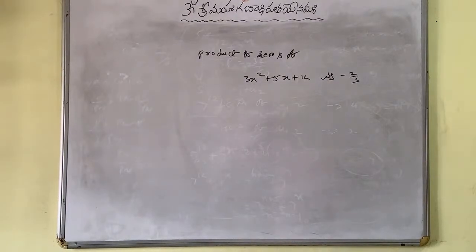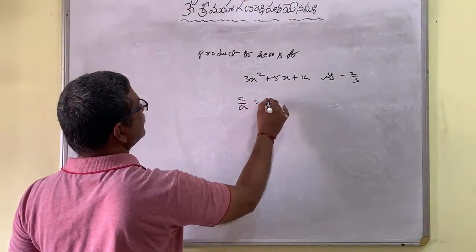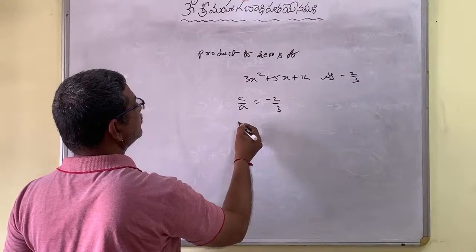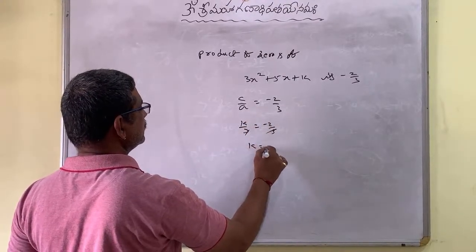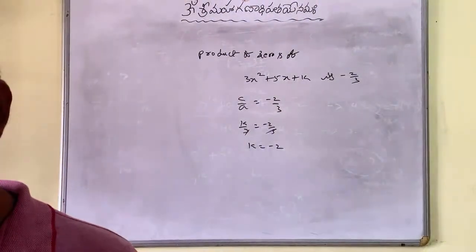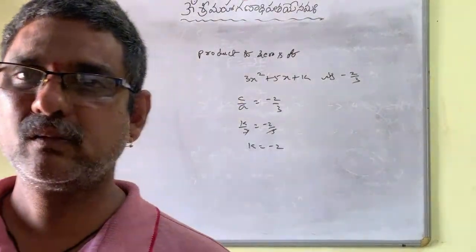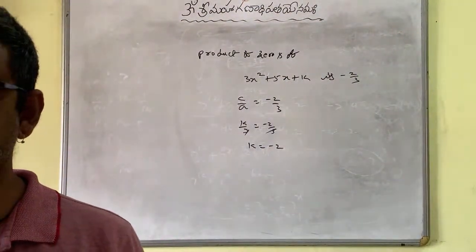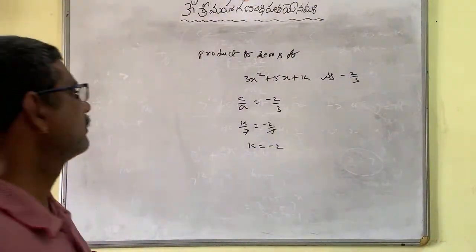So C by A is given minus 2 by 3. K by 3 is minus 2 by 3, 3 cancel. K value is minus 2.